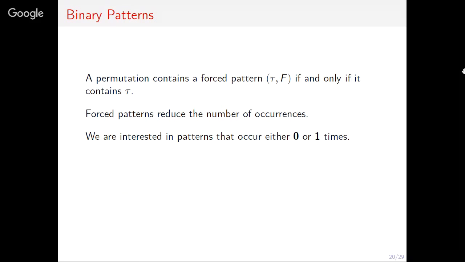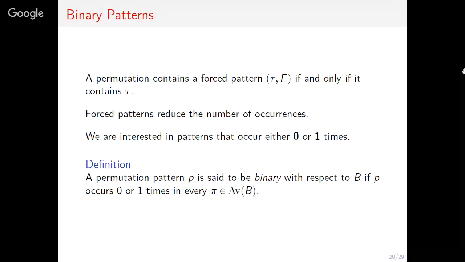We're especially interested in patterns that occur exactly 0 or 1 times, and we call them binary patterns. A permutation pattern is binary with respect to some basis if it occurs 0 or 1 times in every permutation in the permutation class avoiding the basis.